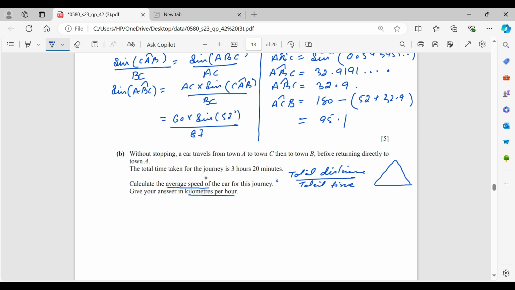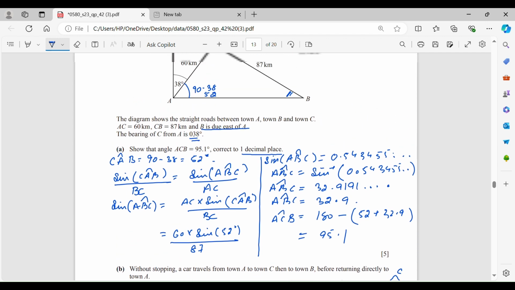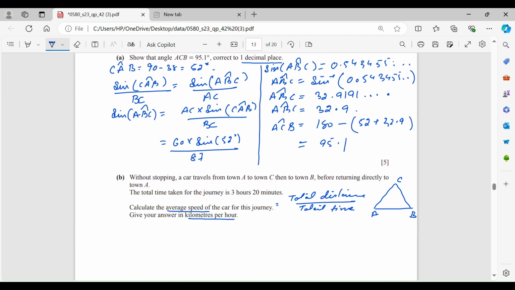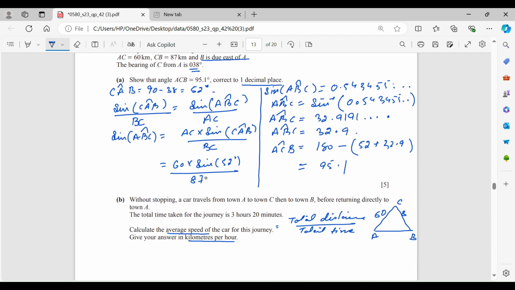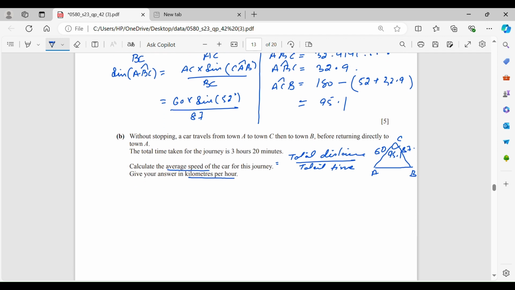This is the figure, this is A, B, C. Now we need to find AB. AC is given as 60, and BC, we had BC is 87, right? And ACB is 95.1.